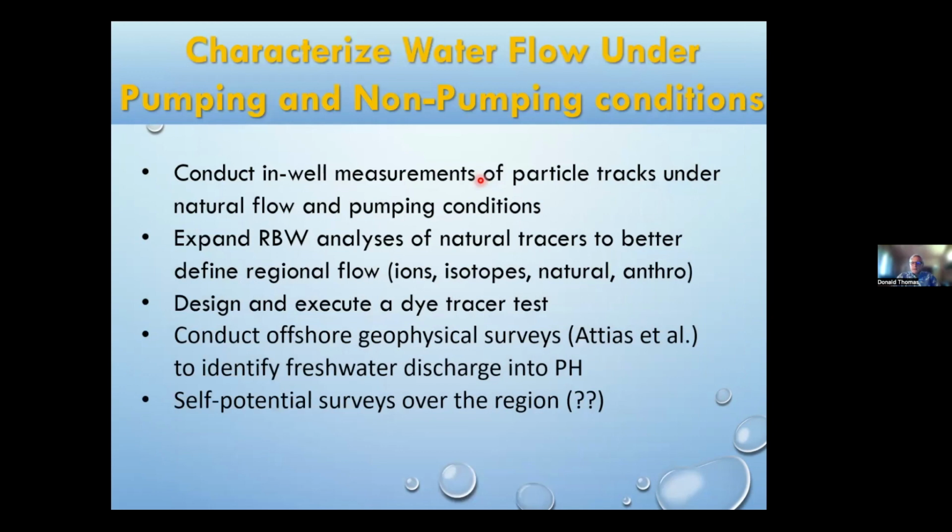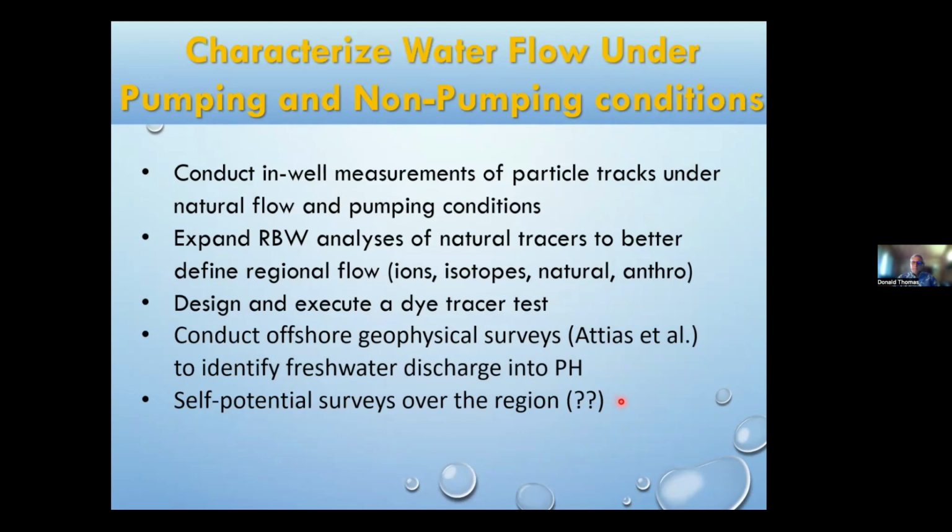Now, one technique that has been mentioned that we have discussed is the so-called self-potential method. This was used in that Southeast Oahu study. It did show an indication of direction of flow of water in that region.